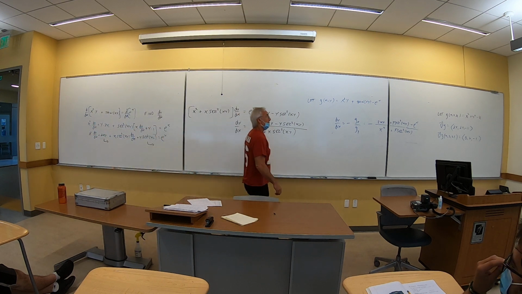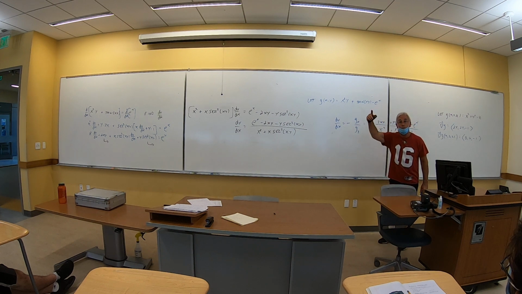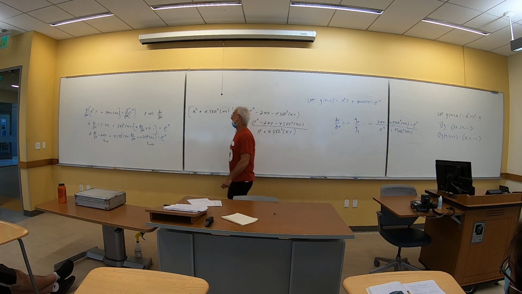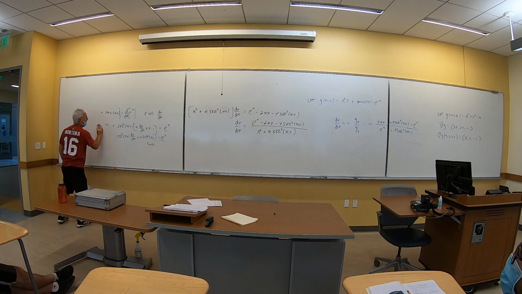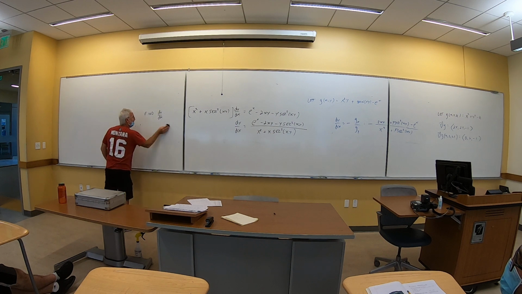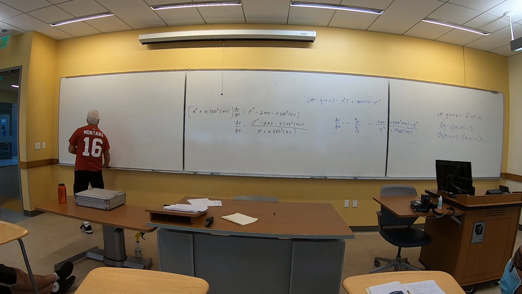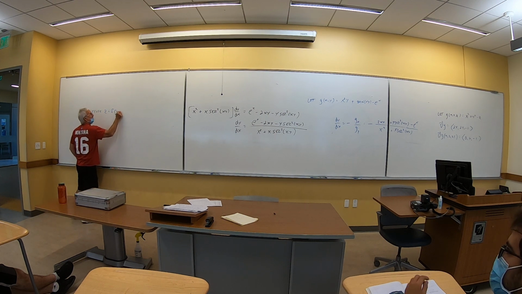Wow. Now, the second question is, does this still work if I go to more variables? And the answer is actually yes. And I'll do a slightly simpler problem here. This one was kind of gnarly and long and everything. So let's suppose that z is a function of x and y.